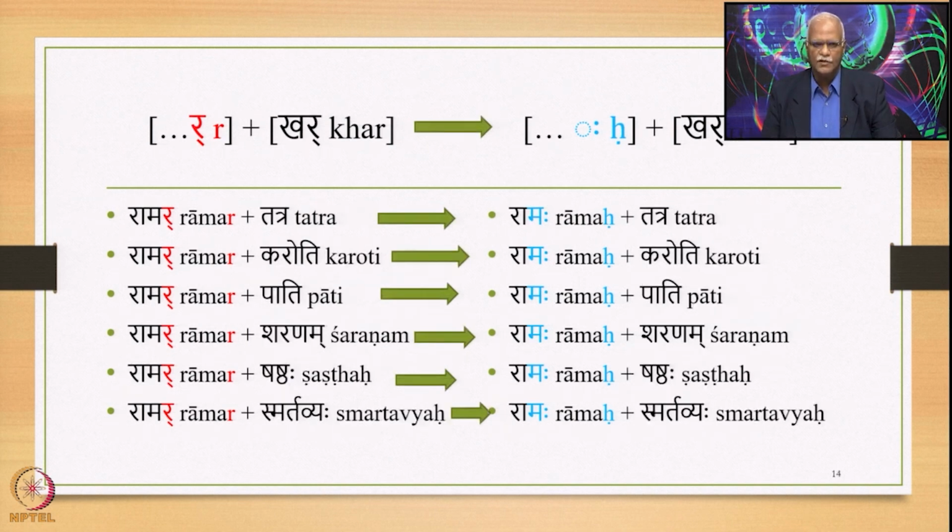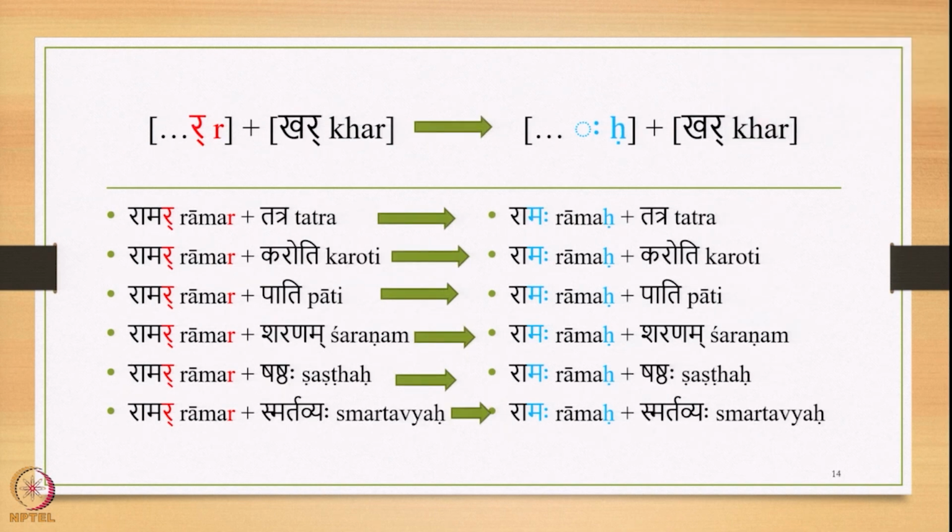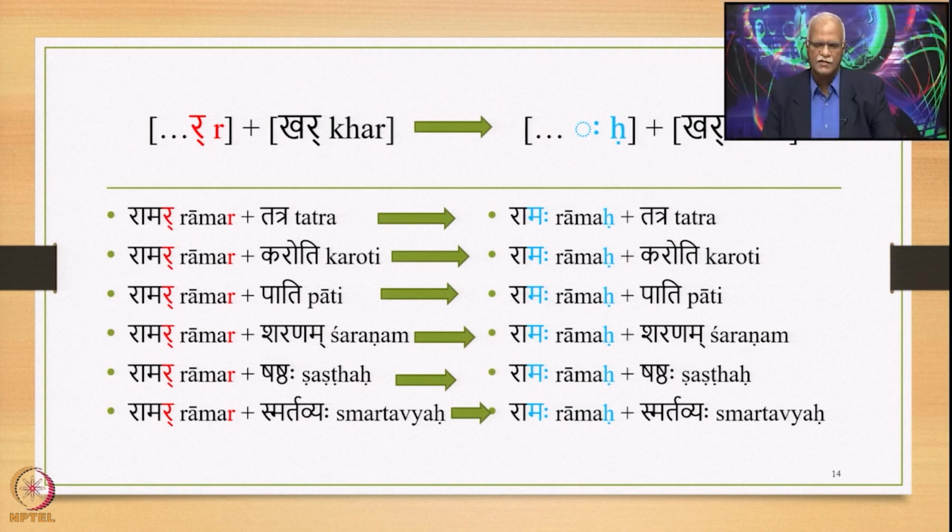Let us continue looking at the other examples of r plus khar being the input. 8.3.15 Kharavasanayor Visarjaniyah applies and visarga plus khar being the output that is generated. So we have ramar plus tatra and the output generated is ramah tatra. Ramar plus karoti and the output generated is ramah karoti. Ramar plus pati is the input and the output generated is ramah pati.